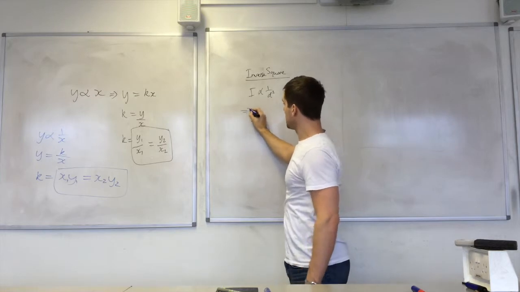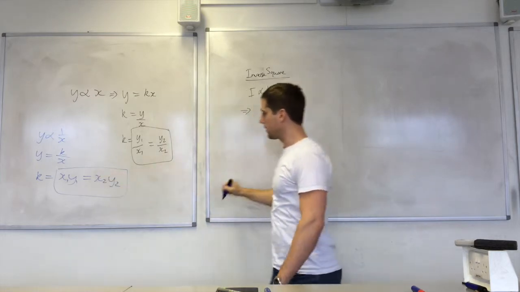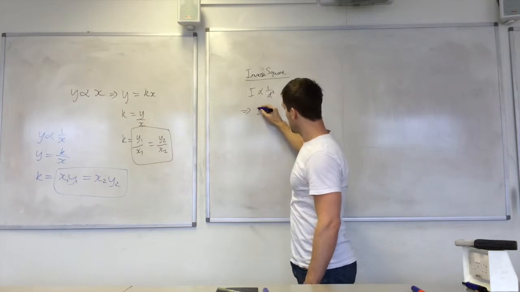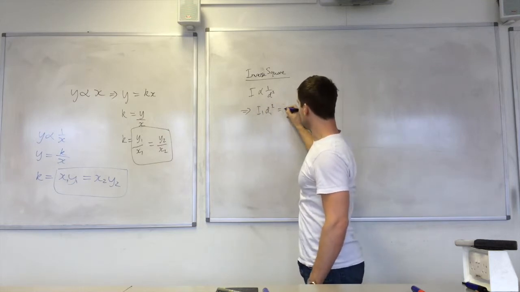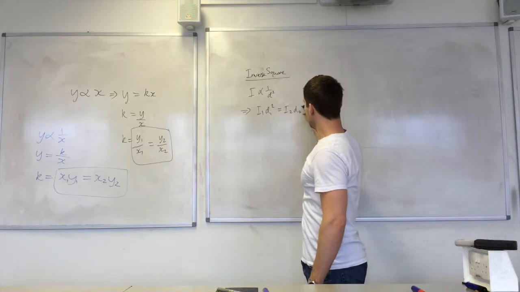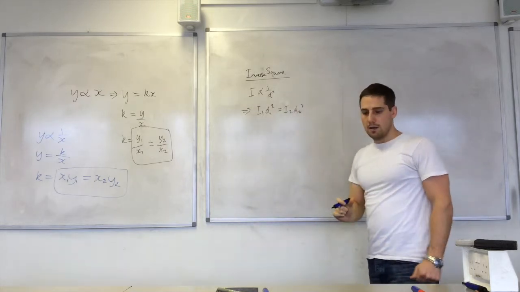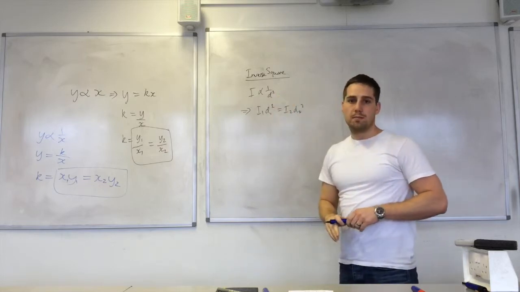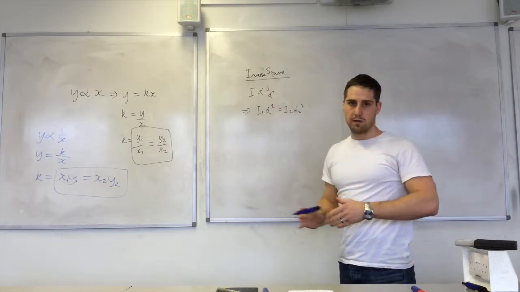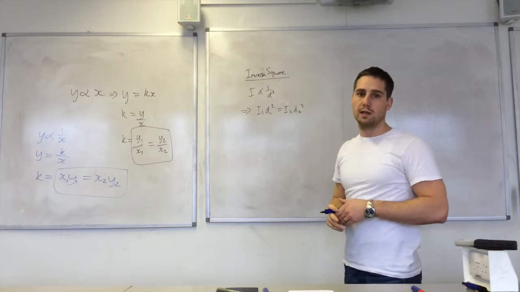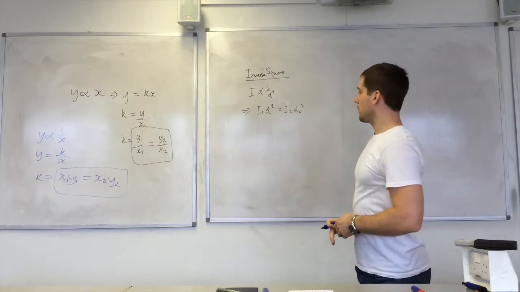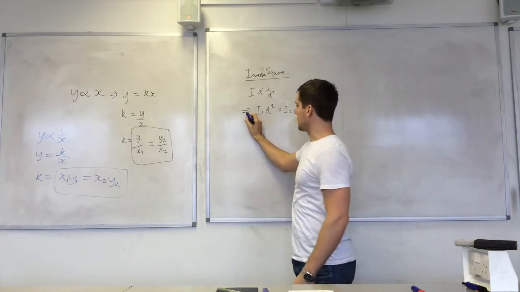This means, just like here, except our x or our y is squared, I1 d1 squared is equal to I2 d2 squared. Particularly using these inverse squares, I prefer to use this method. It may mean more writing, but often it's much more thorough, so I prefer this, less likely to make mistakes.